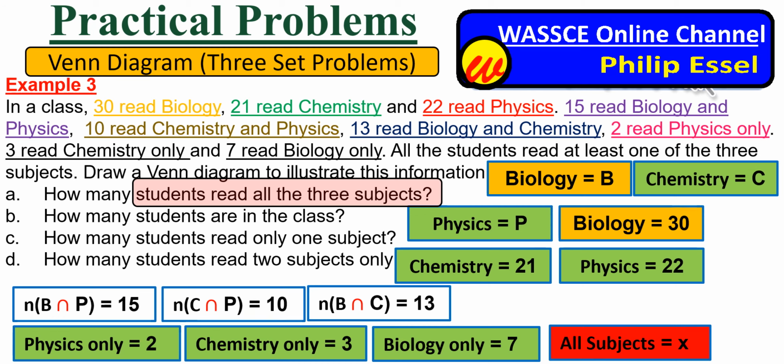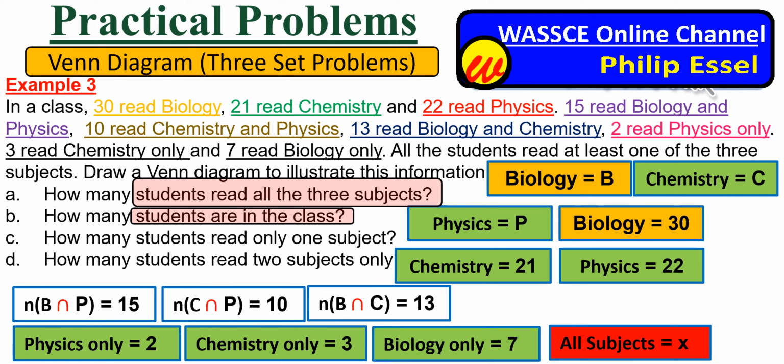The question also asked us how many students are in the class. So here we are being simply asked to find the total number of students in the class. So let's represent this by y, since we do not know the total number of students in the class.